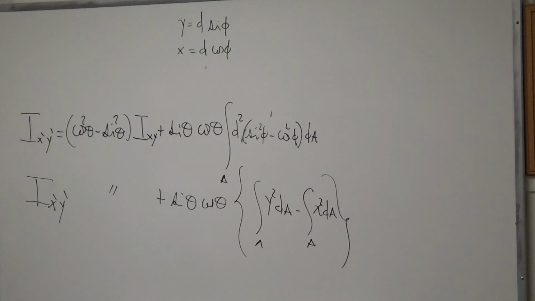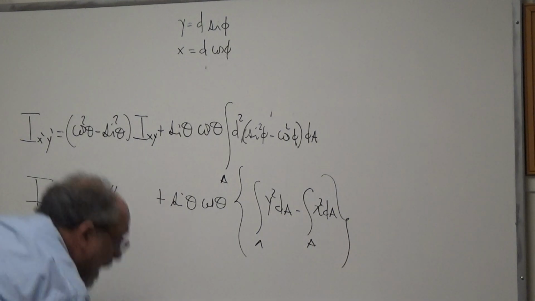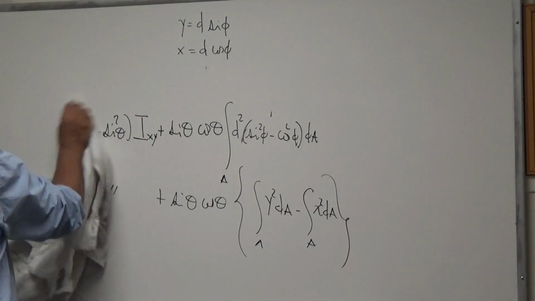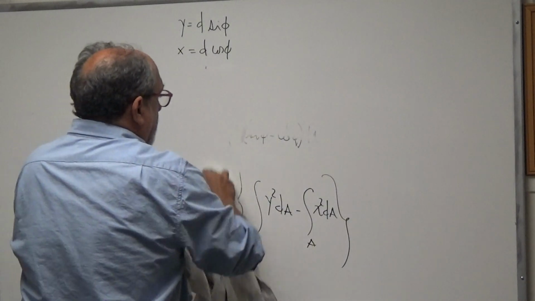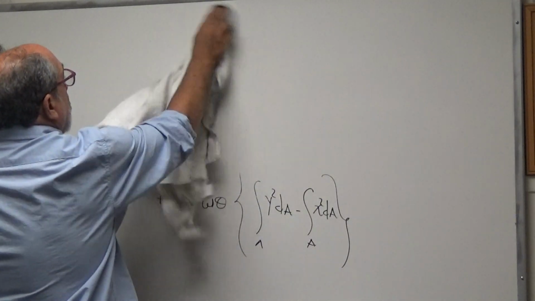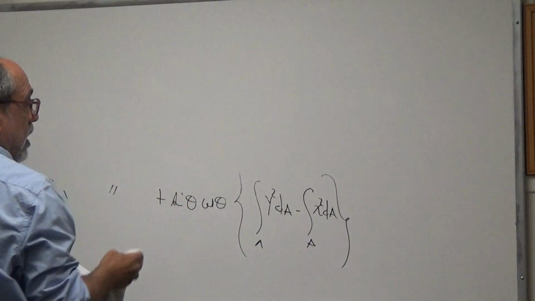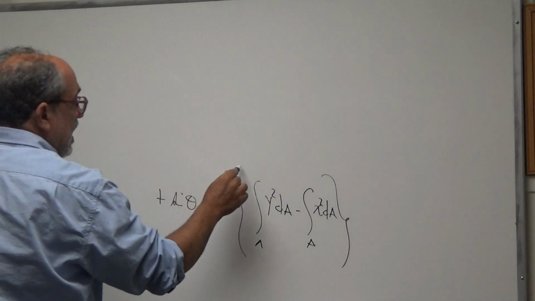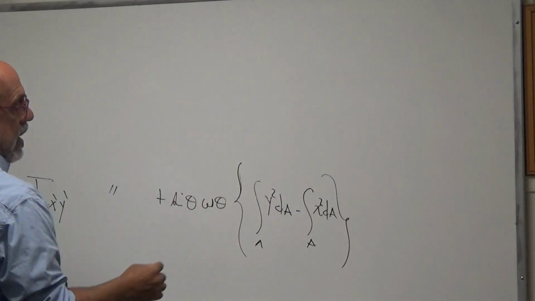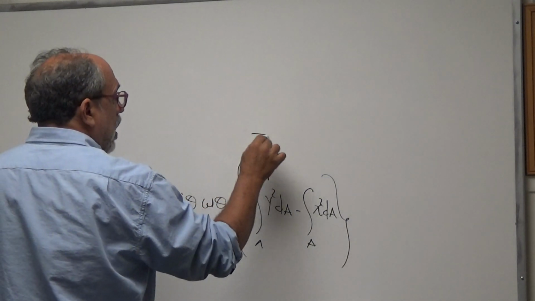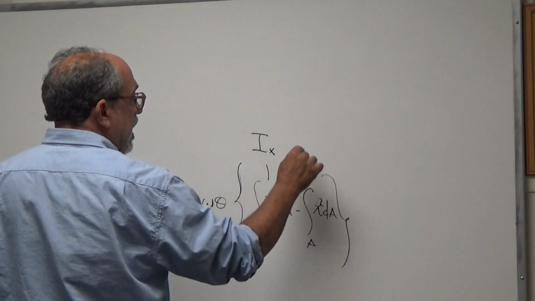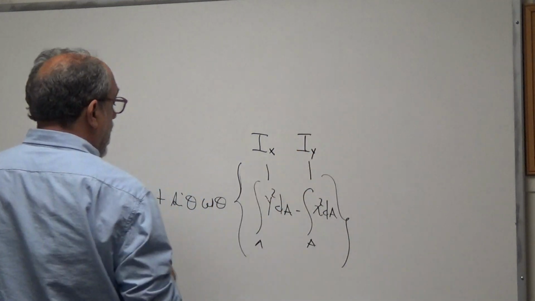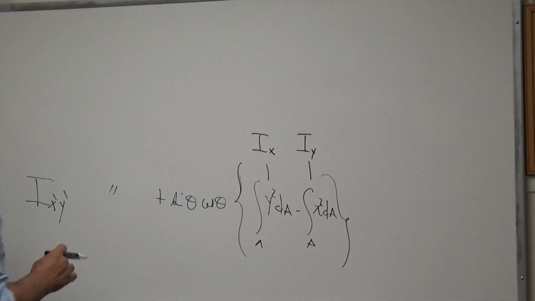So, by definition, the integral of y squared dA is what we call Ix. And by definition, the integral of x squared dA is what we call Iy. Therefore, oh my god, I erased the first one.